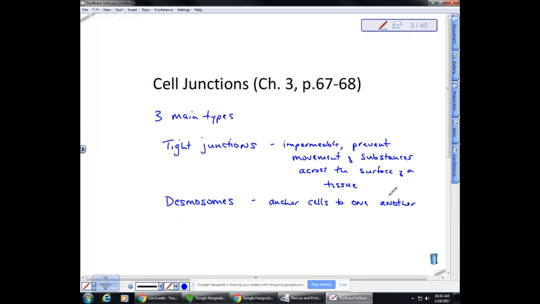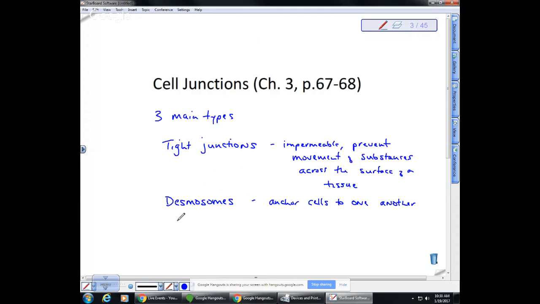And so those desmosomes create an anchor by which the cells can contract. And when we also talk about the skin, there's also anchoring in the skin cells that prevent the skin from being torn, for example.